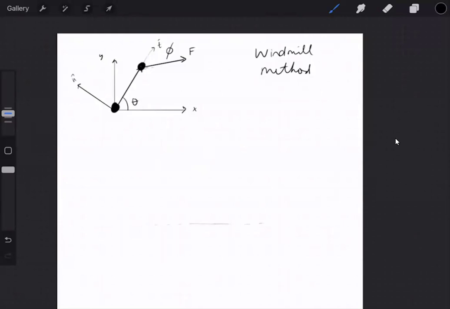I always start with the axis of interest. In this case, positive x horizontal and positive y vertical. Then I put in the intermediate axis. In this case, the normal and tangential axes. Tangential.